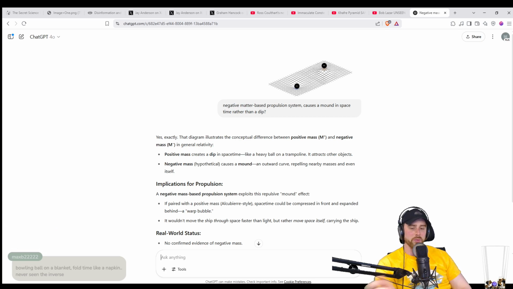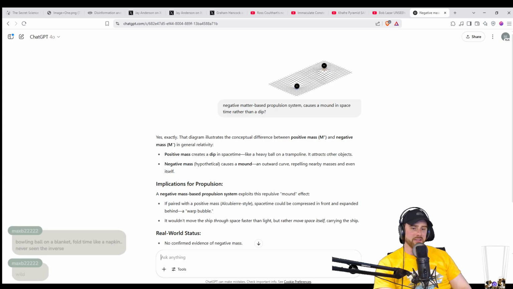So this is a part of the Alcubierre drive. Space-time can be compressed in front and expanded behind a warp bubble. It wouldn't move the ship through space faster than light, but rather move space itself, carrying the ship. So that's the way around the light barrier, is that you're moving space itself, not the ship.